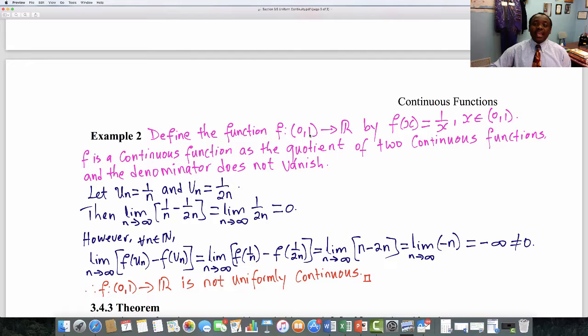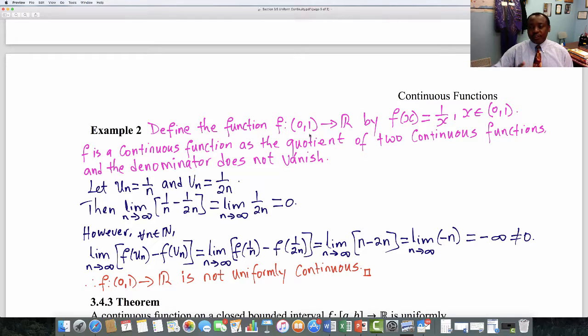We claim that f is not uniformly continuous on that domain. Again, we would find two sequences un and vn such that the limit of their difference is 0, but the limit of the difference of their images is not 0. Let's go ahead and do that. Let un be the sequence defined by its nth term as 1 over n and vn as 1 over 2n.